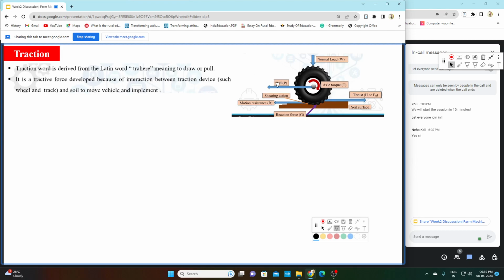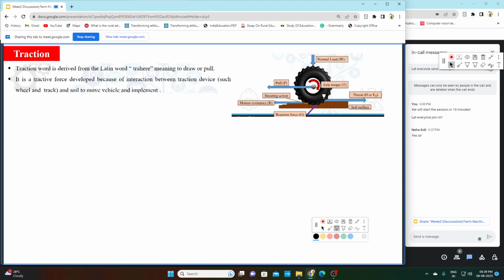So that is denoted by P, pull P. Now because of this axle torque, there will be a thrust developed between this tire and the soil. That thrust is denoted by H.